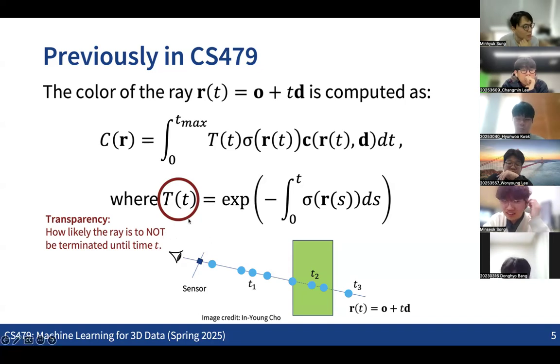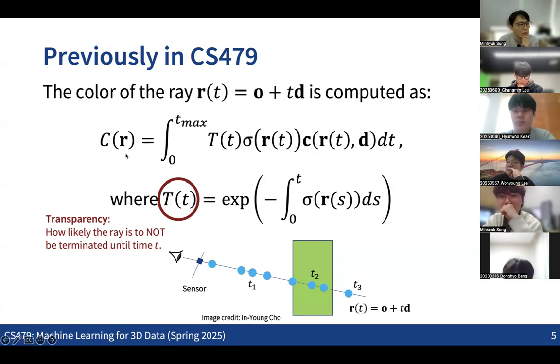You can see that the formulation is also defined based on the opacity. So by combining these two, now we can calculate the probability of how much the ray will not stop until that point, and then stop at that certain point. So it becomes the weight for the radiance that we are also predicting using the other neural net.